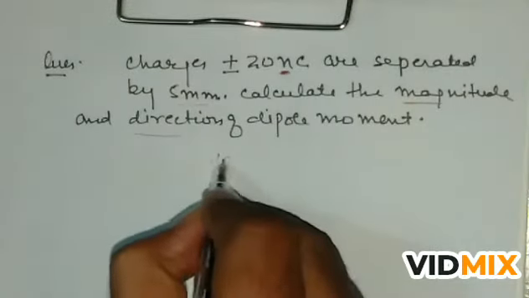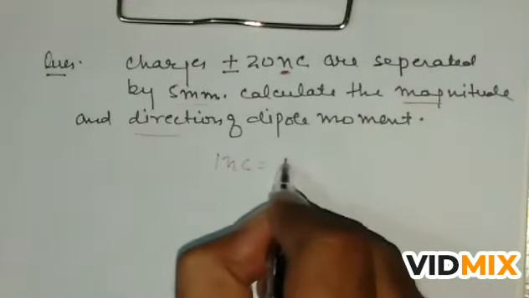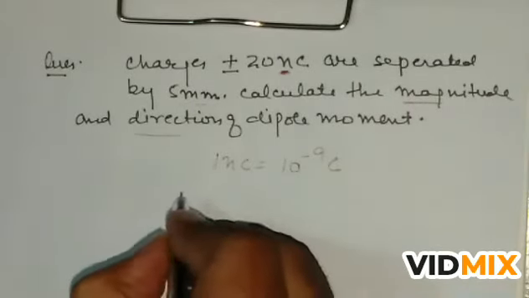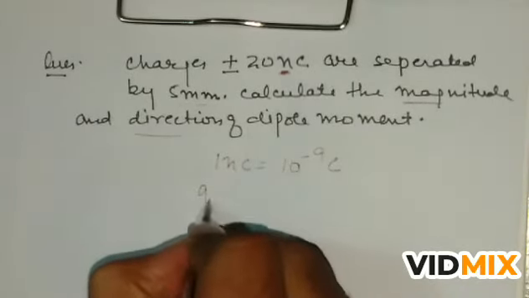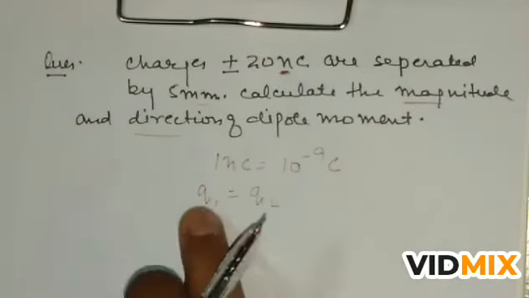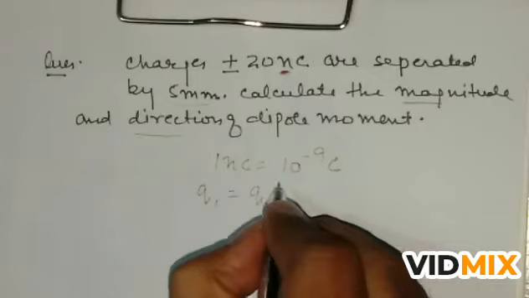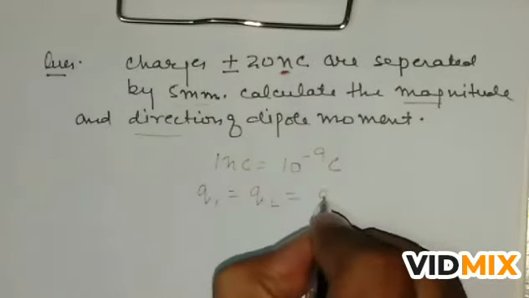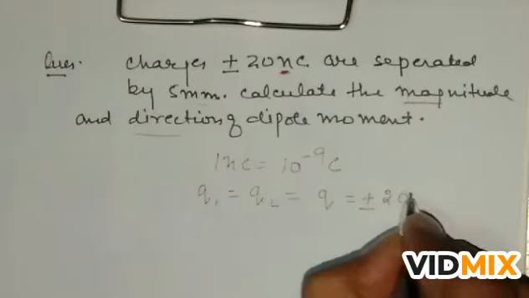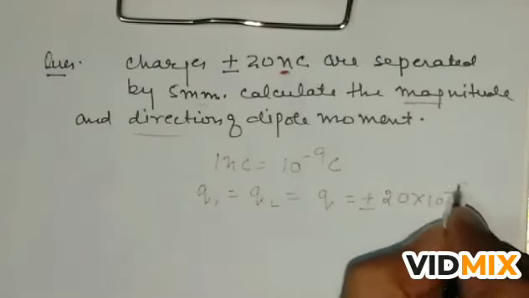So 1 nanocoulomb is equal to 10 to the power minus 9 coulomb. What is given here? Q1 is equal to Q2, both charges are equal, and the value is plus minus 20 into 10 to the power minus 9 coulomb.